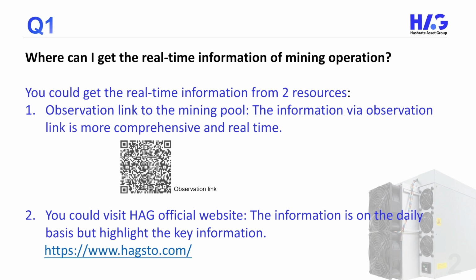We only select some key statistics, like what the gross yield was yesterday, and what the accumulated gross yield is from the last distribution until now. So for the first batch, this figure will be the total mined BTC from February 1st until now. By the way, it also shows the BTC price on the website as well. So I think we provide these two resources to prove our transparency.